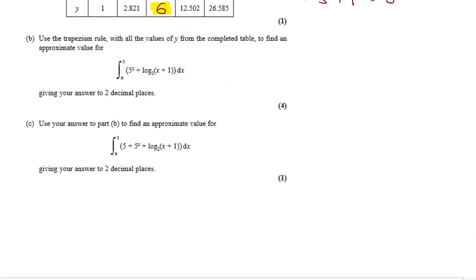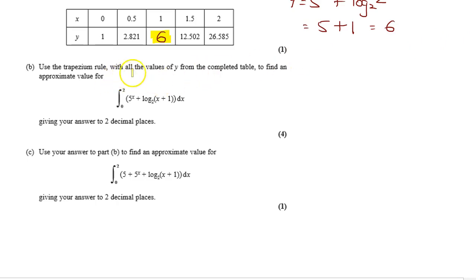Now part B is: use the trapezium rule with all the values of y from the completed table to find an approximate value of this integral from 0 to 2. First, for this rule, the area is equal to half times h times the sum. Now h is this distance, so h is equal to 0.5.